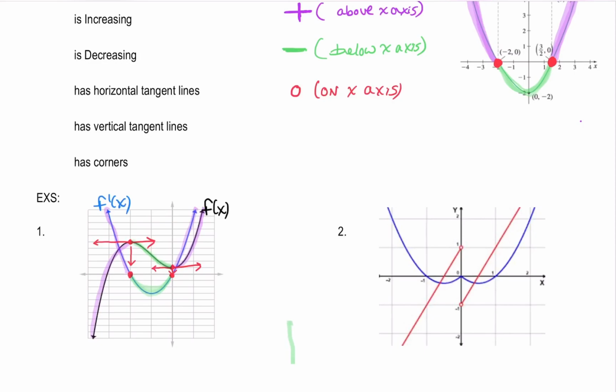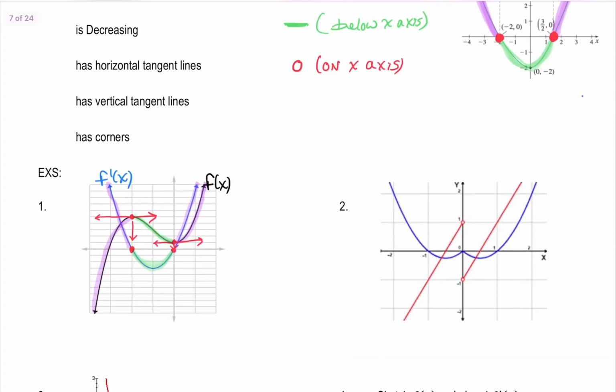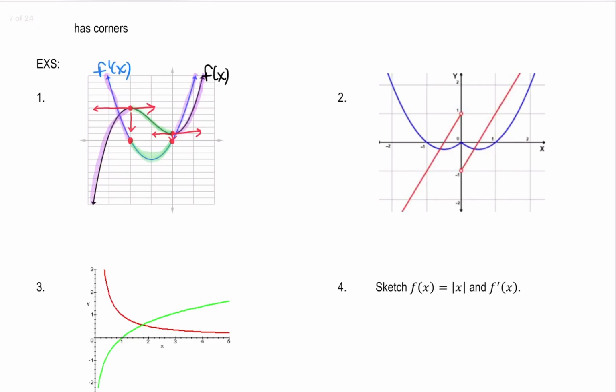Let's take a look at number 3 here. I can't rely on any of my zeros, maxes, where the horizontal tangency go to 0 or to x-intercepts, because I don't have any of those here. So I need to rely purely on the information about where a function is increasing, its derivative is above the x-axis, and where a function is decreasing, its derivative would be below the x-axis.